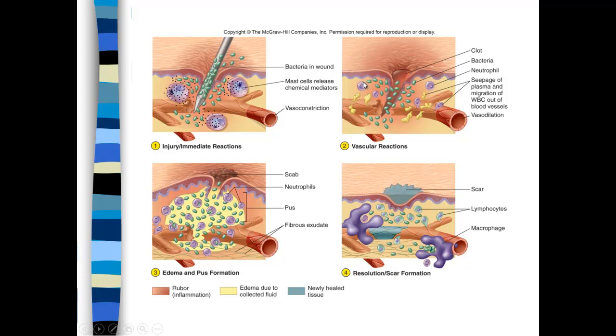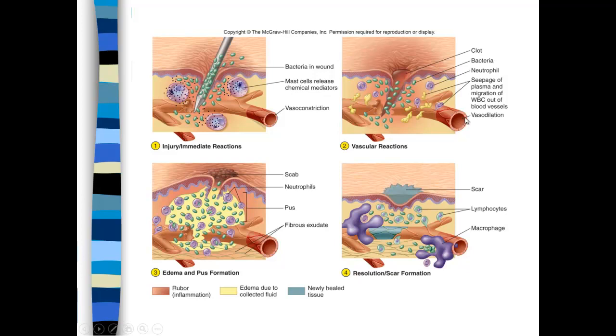And the bacteria are starting to move into the surrounding reticular endothelial space. Okay, and then neutrophils appear on the scene, and the neutrophils will then phagocytose these bacterial cells. Okay, and then vasodilation.